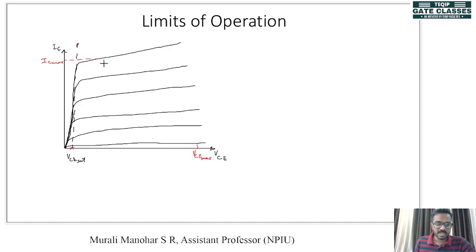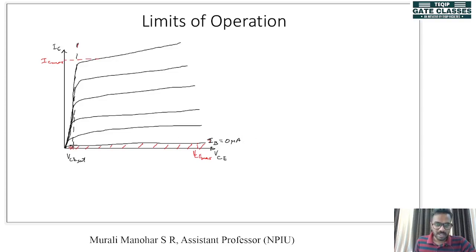So VCE sat is the minimum voltage to be applied to a transistor. Then we know that this is the cutoff region, and this is for IB equal to 0. When IB is equal to 0, there is a collector current in the transistor, and that collector current is called ICEO. We have seen that.